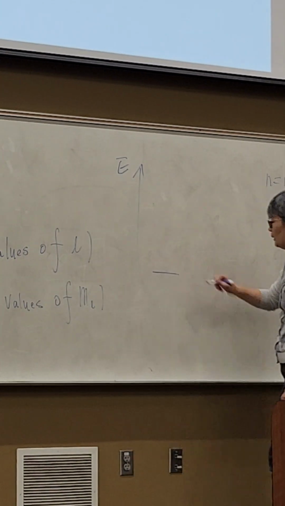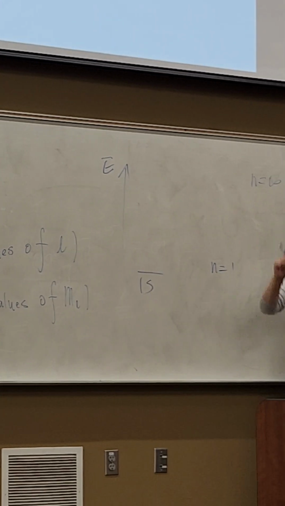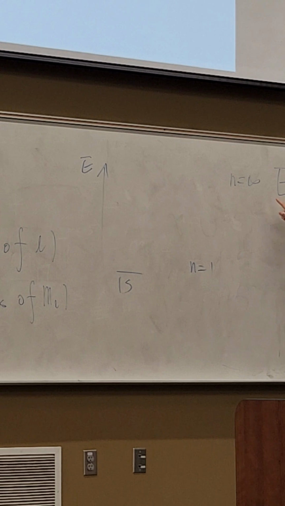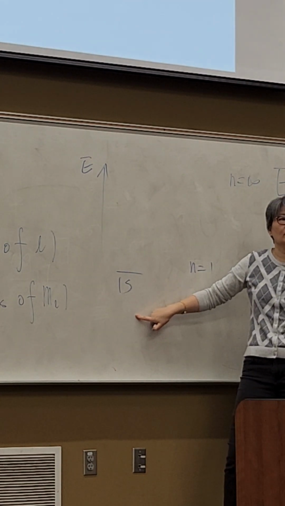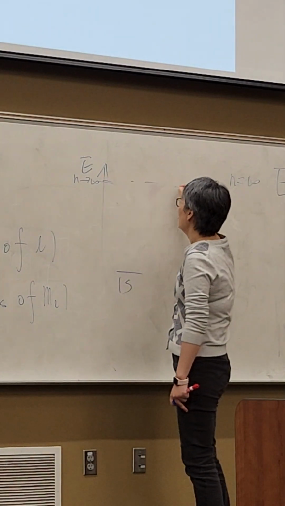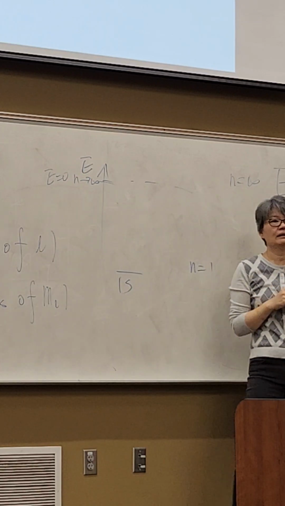So if we look at when n equal to 1, you only have the 1s atomic orbital, and that relationship tells you this one sits at the lowest value. Now, when n equal to infinity, the energy equals 0, that is your highest value.